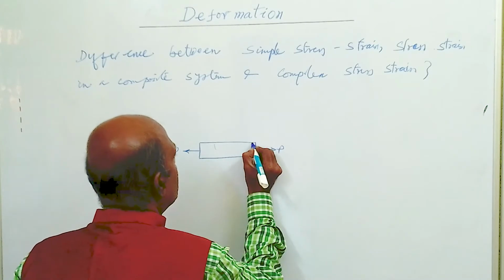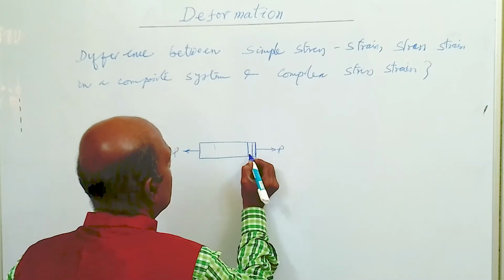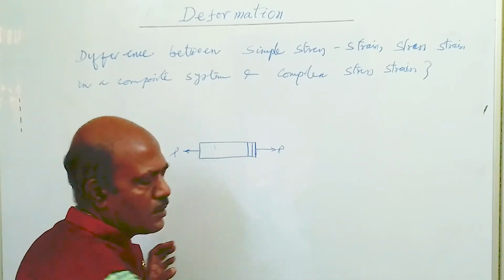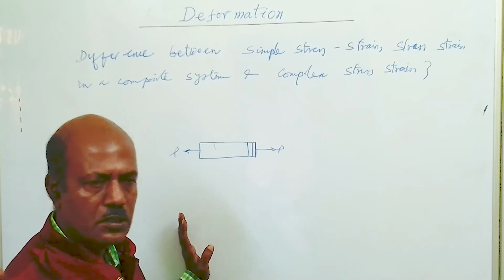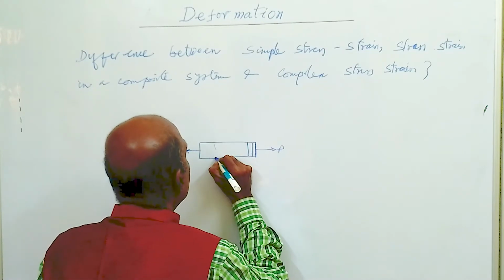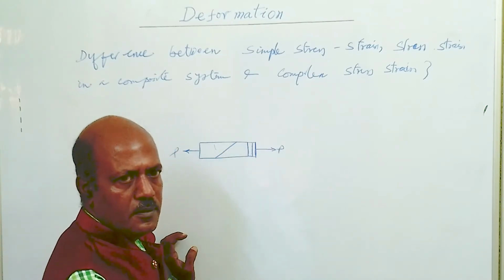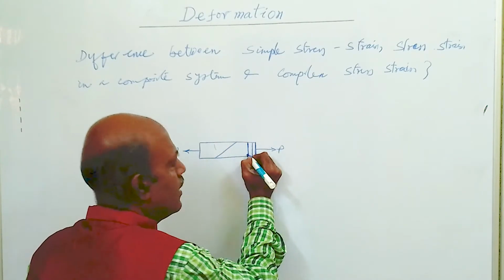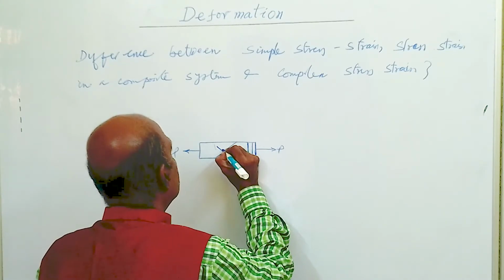Now if you see any cross section parallel to this cross section, all the cross sections have normal stress developed, no shear stress. But if we consider an inclined section, then there will be two stresses developed here.